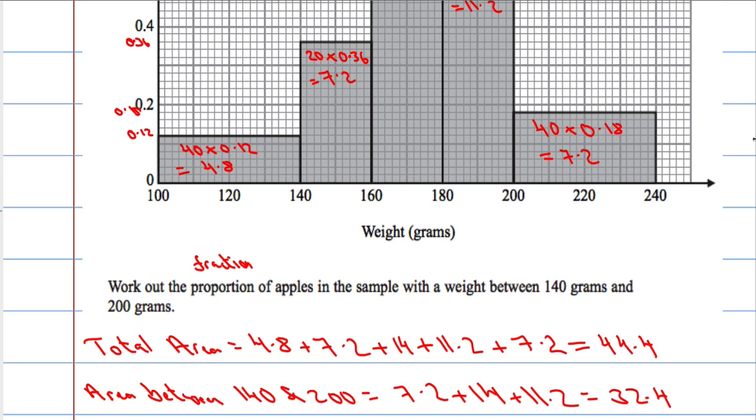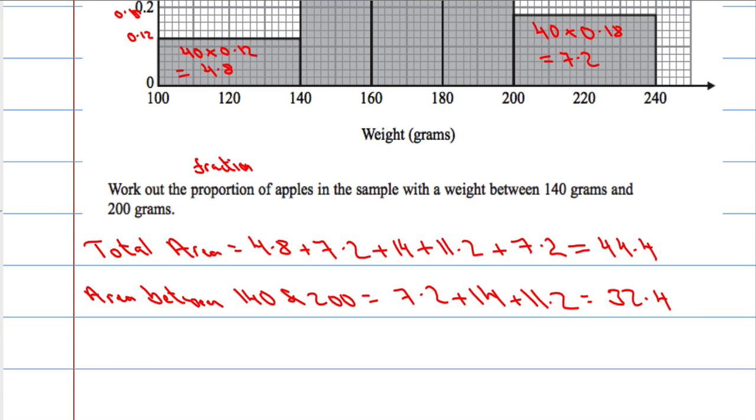No, not 32. See, this is why you should use a calculator. Try that again. 0.2, 25, 32. Yeah, 32.4.